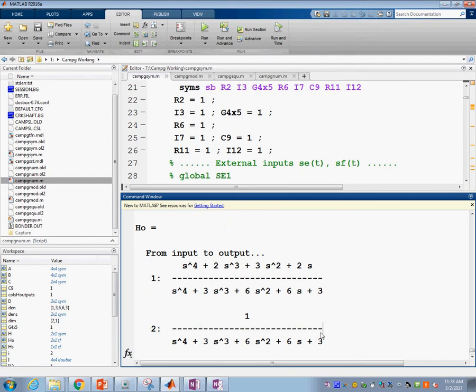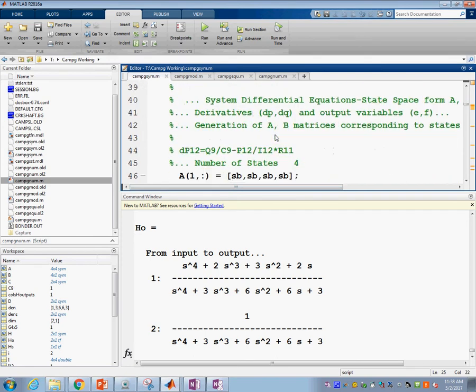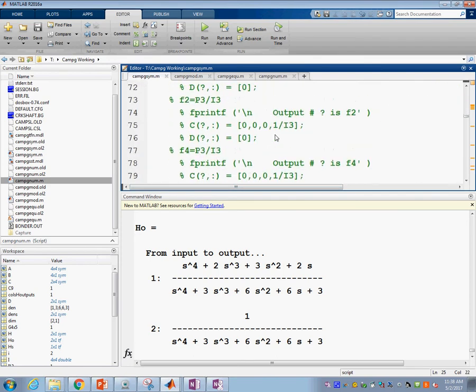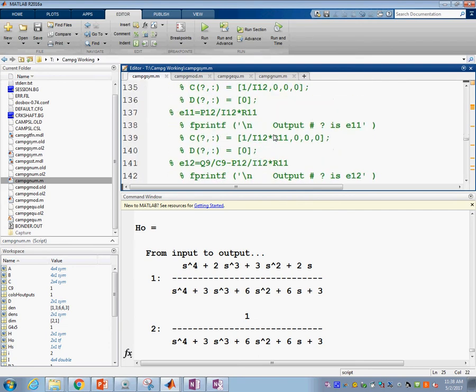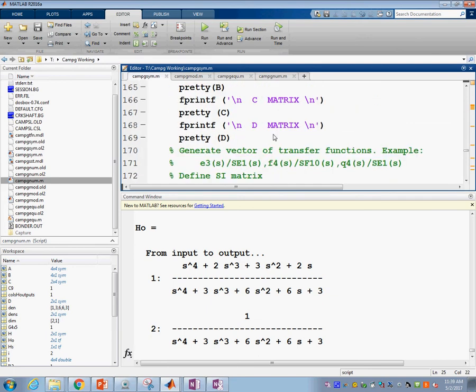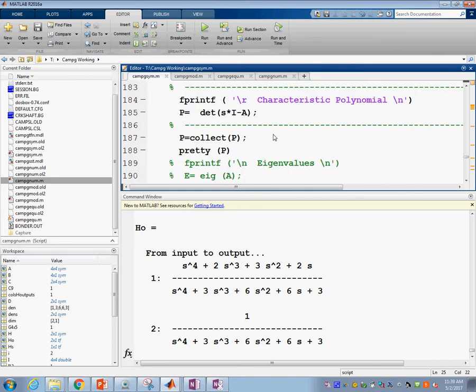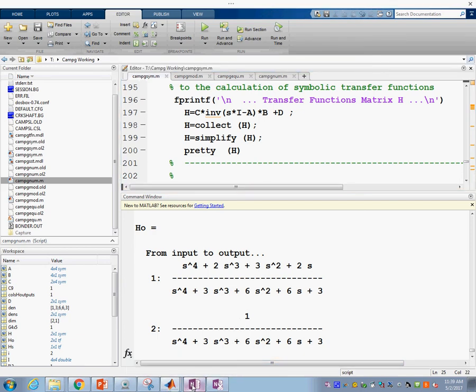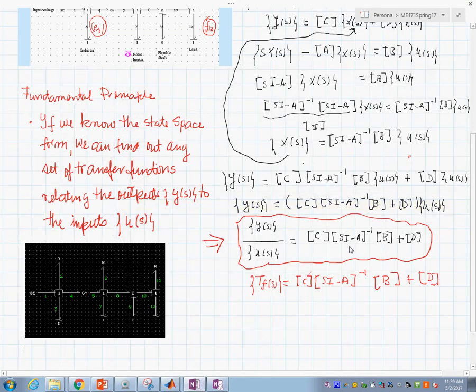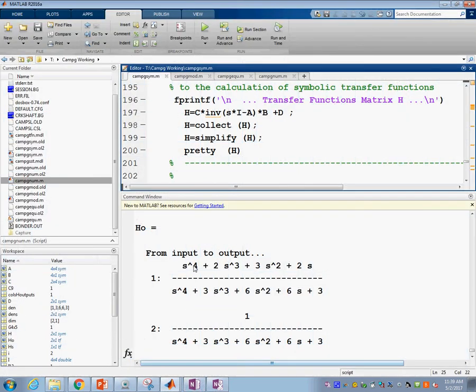And I think I have shown you also the basics of obtaining those transfer functions: that the derivation of this principle that I have established of obtaining the transfer functions with the matrices is implemented into the software. Because you see, right here is the statement. If you compare the statement of our derivation here, C times (sI minus A) inverse times B plus D, that's exactly what you're seeing right here.